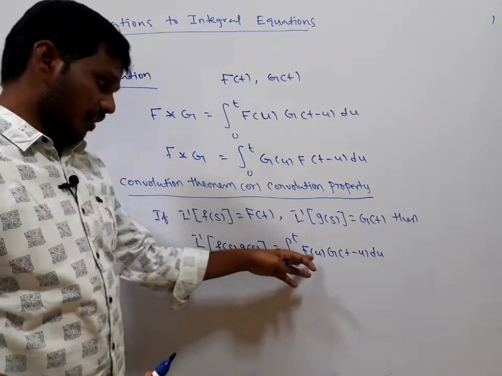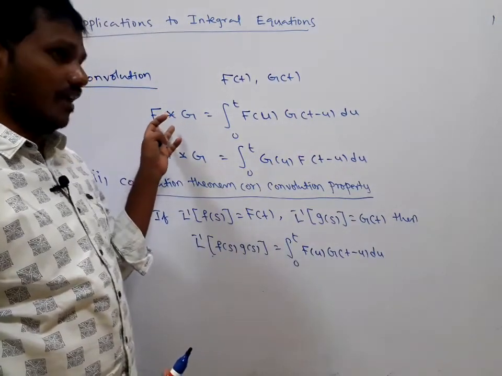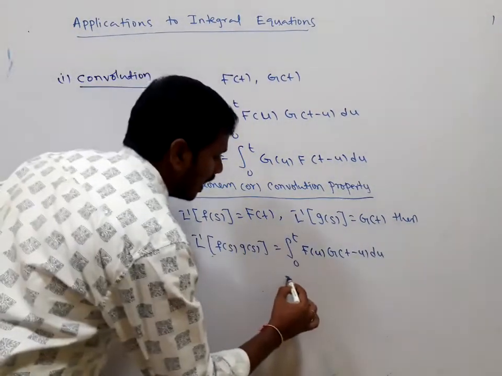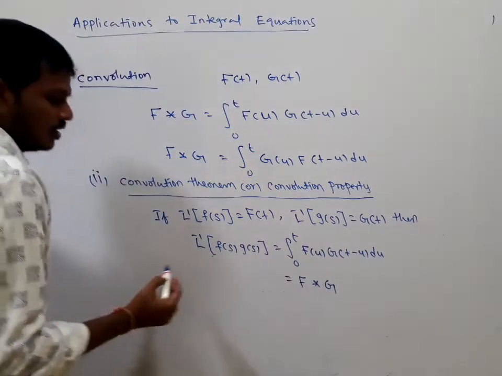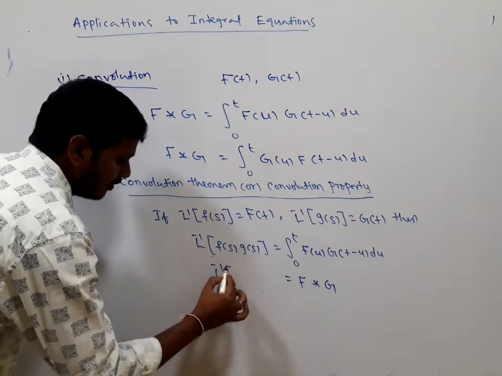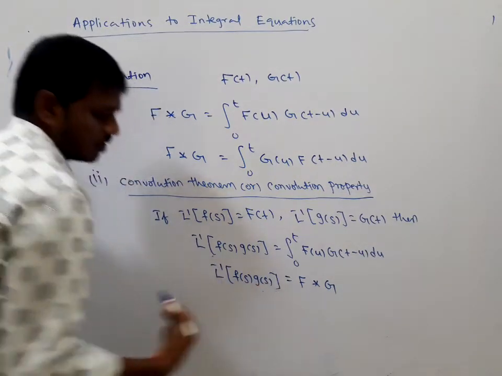The integral from 0 to t of f of u g of t minus u du is nothing but the convolution of f and g, which can be written as f star g. So the inverse Laplace transform of f of s into g of s is equal to f star g.